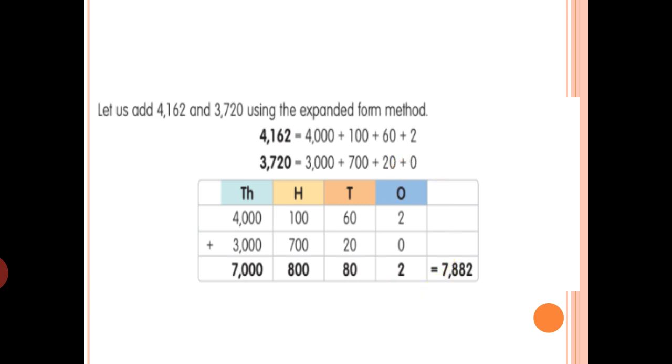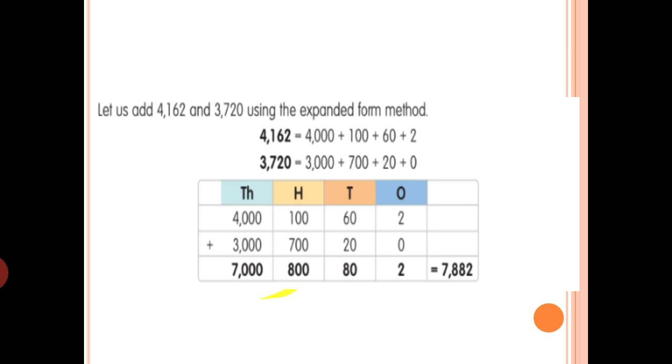Here 2 plus 0 is 2. Then we add up the tens column. So 60 plus 20 is 80. Then we add the hundreds column. 100 plus 700 equals 800. And finally the thousands column. 4000 plus 3000 equals 7000.